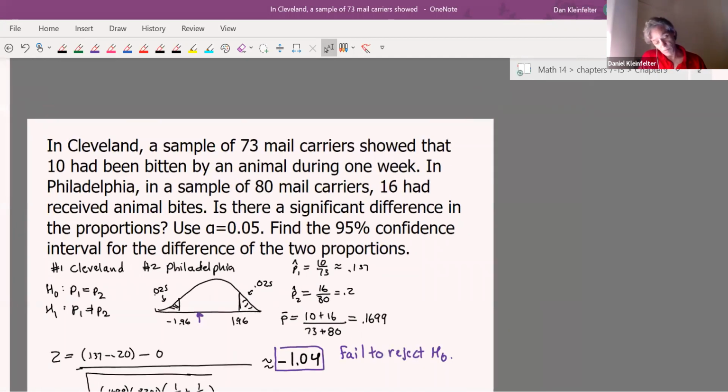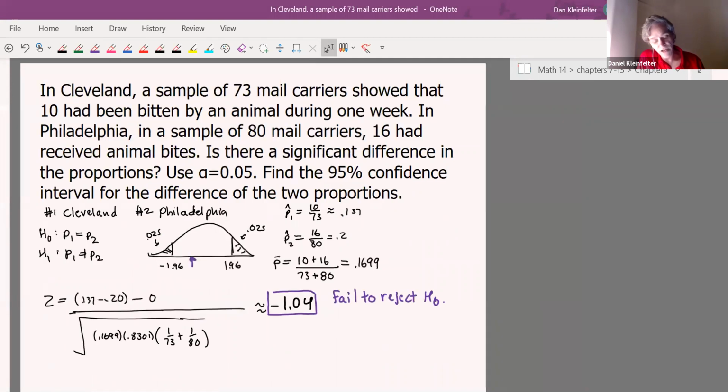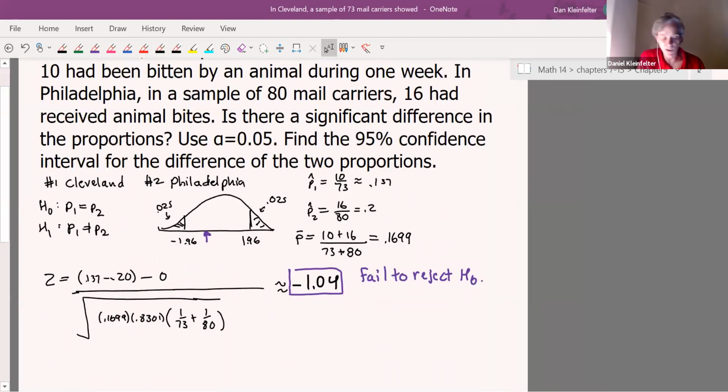So one was about 13%, one was about 20% basically, but at the 0.05 significance level, we haven't found a significant difference. Okay, so that takes care of our look at it as a hypothesis test.